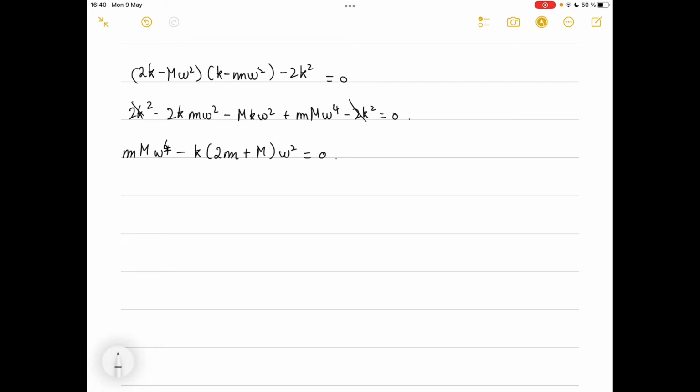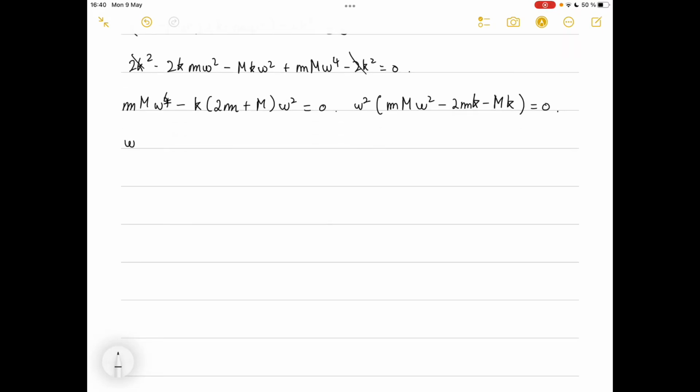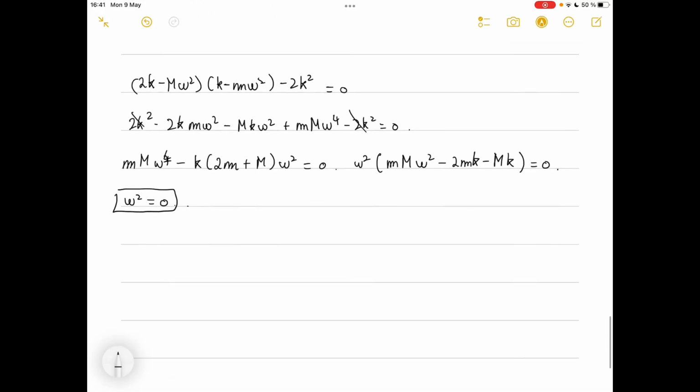This equation can now again be factored, so we'd have omega squared times m omega squared minus 2mk minus mk equals 0. So we get another solution: omega squared equals 0. That's another frequency that we find, and we'll discuss this solution later on, but let's keep it in the back of our head.